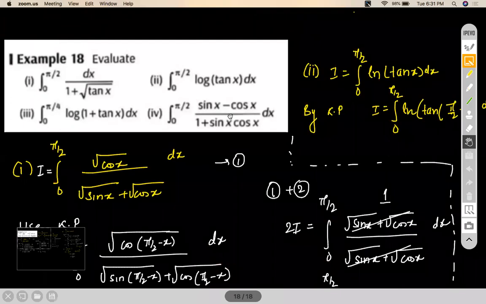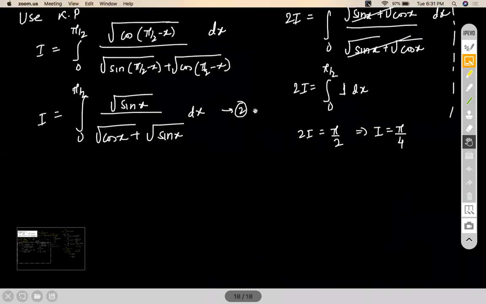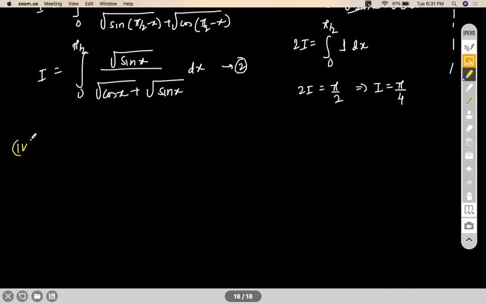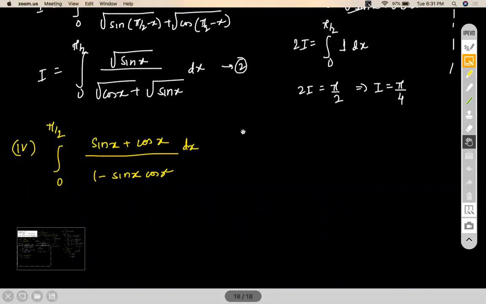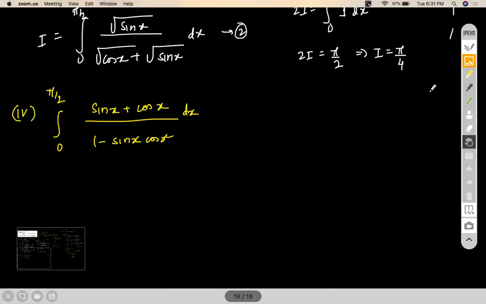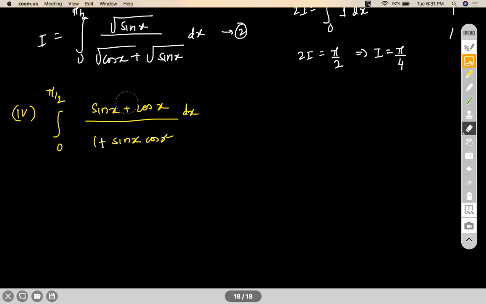Fourth question is the integral of sin x minus cos x by 1 plus sin x cos x from 0 to pi by 2. I'll write it over here. So again, applying King's property, I will be 0 to pi by 2.